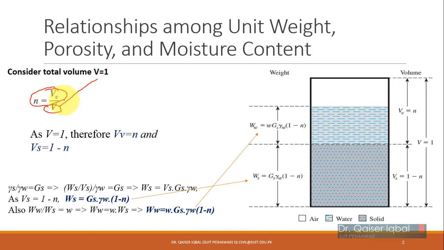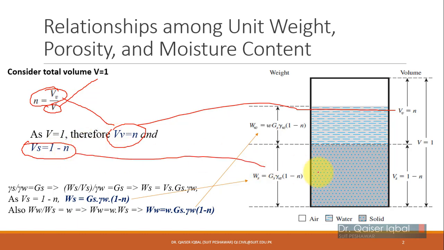You can see over here, and we represent the same thing on the figure as well. Similarly, because volume of soil solids is the total volume minus volume of voids, volume of soil solids will be equal to the total volume minus volume of voids. The total volume is equal to 1, volume of voids is equal to n, so you can write Vs as 1 minus n in this manner.